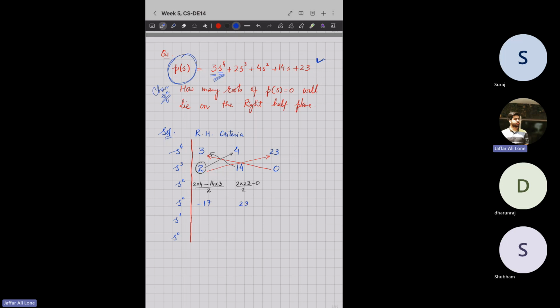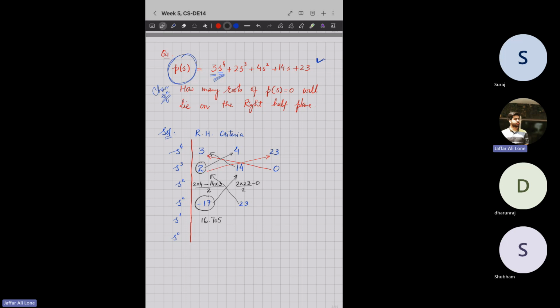Now how will I populate the other row? In a similar way, I'll multiply this 17 with this 14, 23 with this 2, and divide by 17. When I manually calculate it, I'll get 16.705.